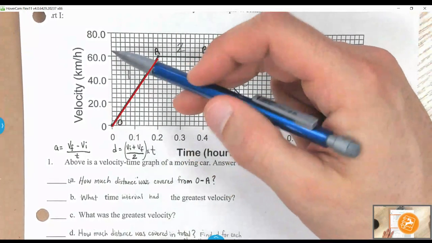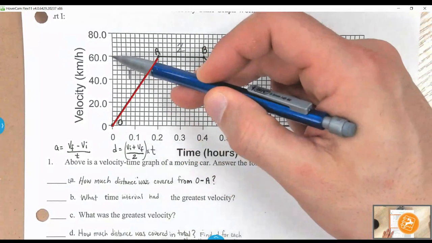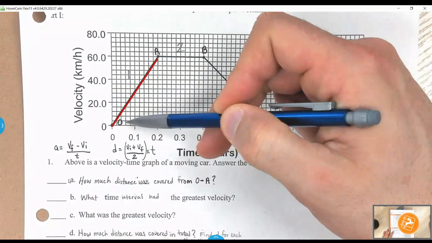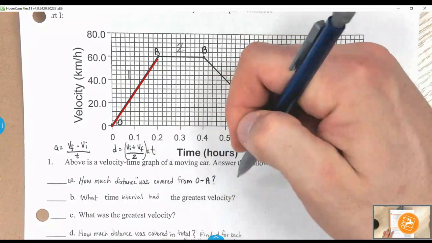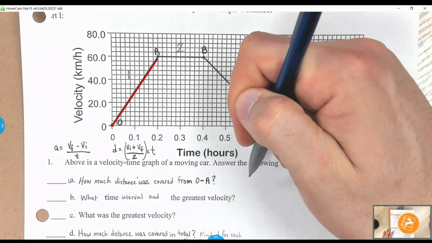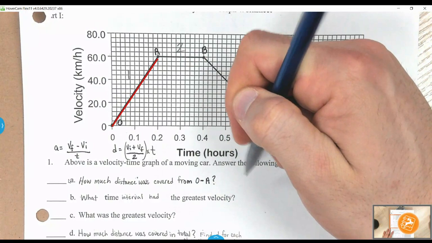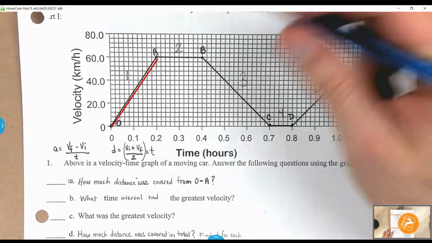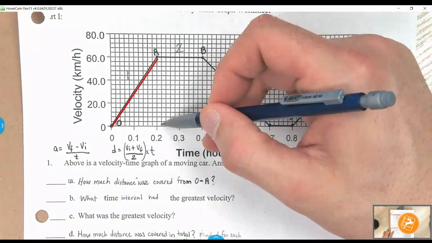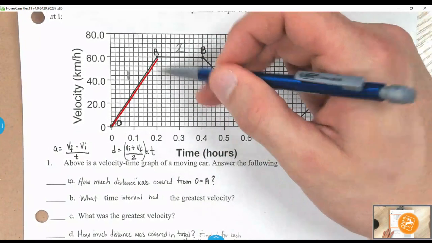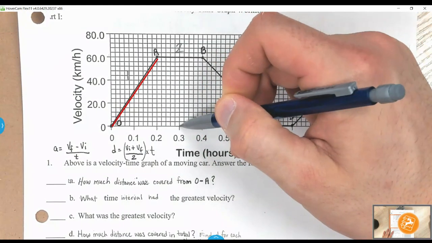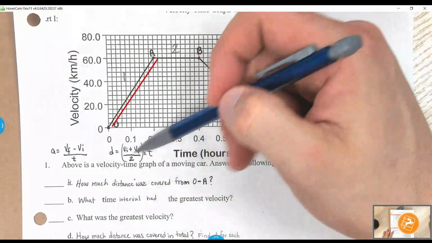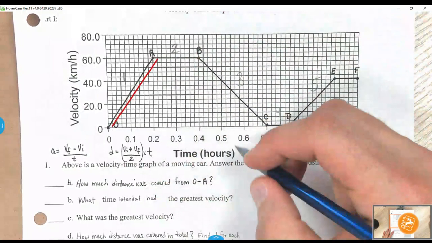If it's a triangle, you go up to 60, and the line segment ends at 0.2, so I could literally do 60 times 0.2 and then divide it by 2, because that's what you need to do for a triangle. For a rectangle, you could just do base times height. So height 60 and the width 0.2, 60 times 0.2. But I'm just going to show it using this equation that was given.